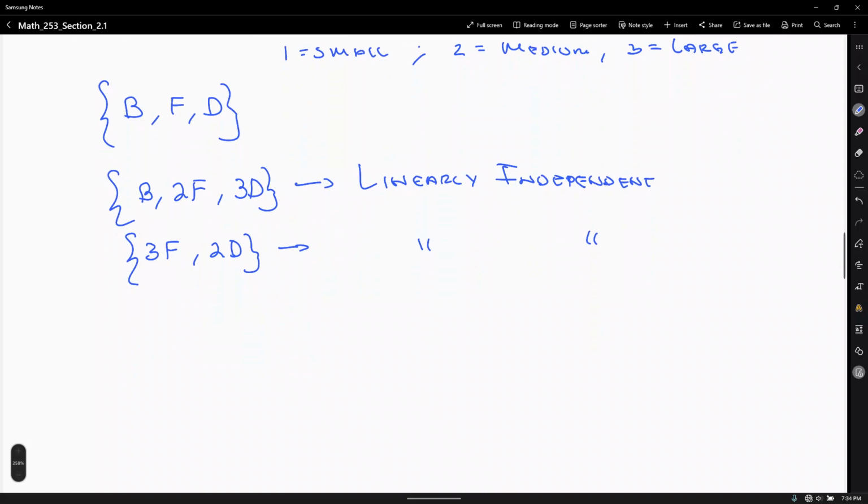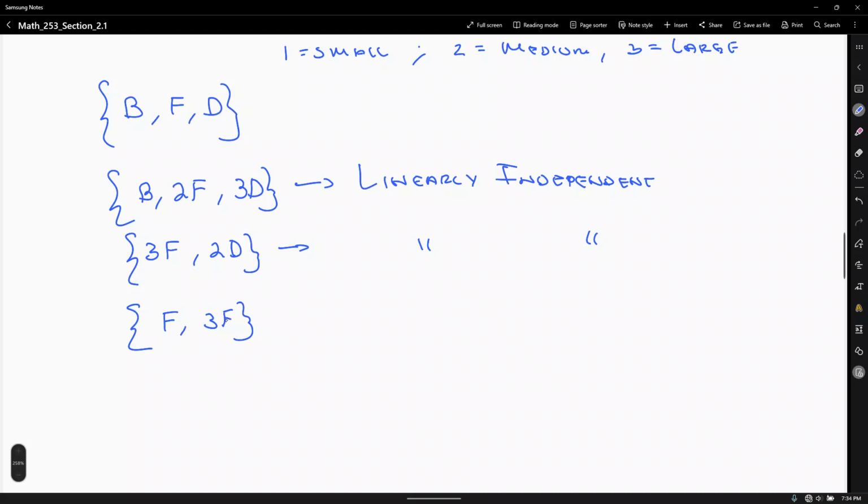All right, let's talk about a linearly dependent set of vectors at a fast food chain. Okay, so let's say you just feel like getting fries. So let's say you want a small fry and you want a large fry. All right, let's say the small fry is for your little sister or brother, and the large fry is for you.